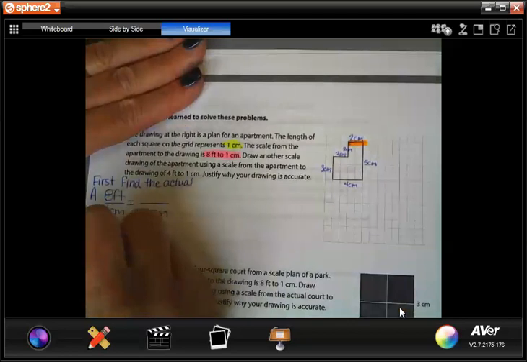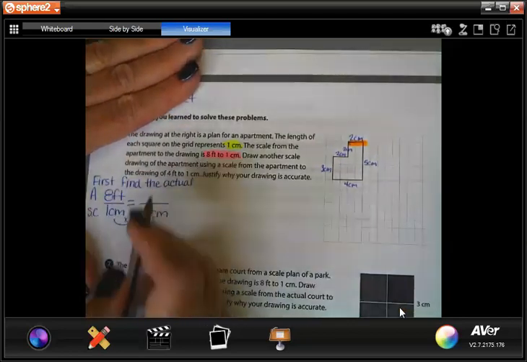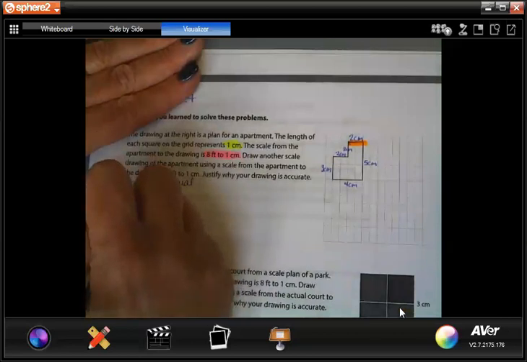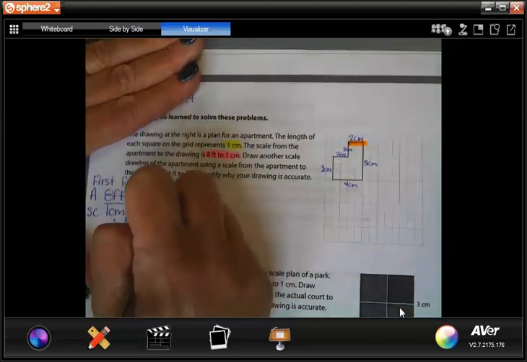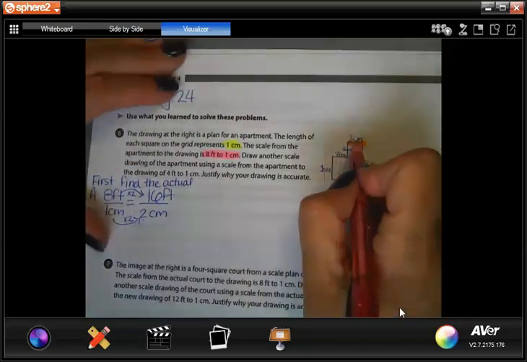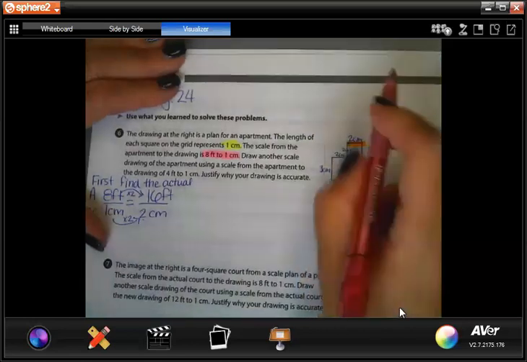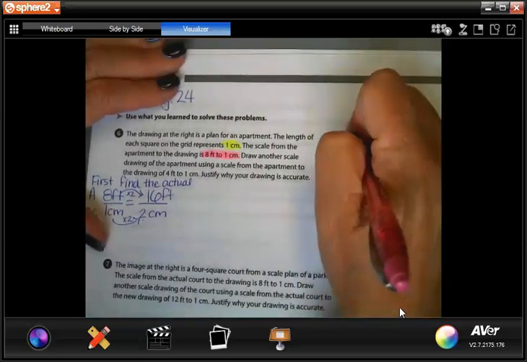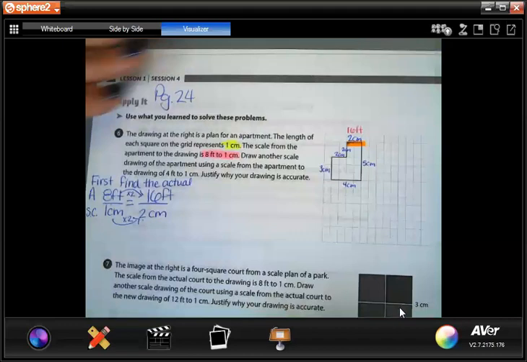So 1 times 2 is 2. Therefore, 8 times 2 is 16 feet. So this side right here is actually 16 feet.